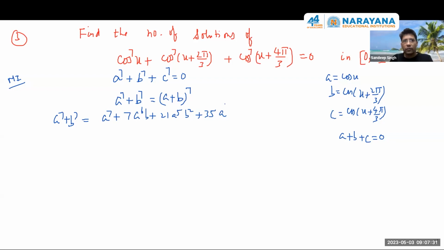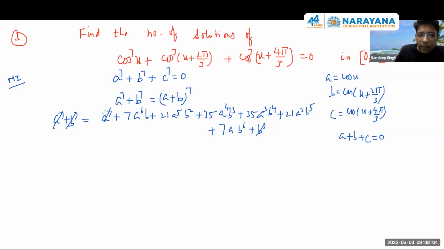Not 35, it will be 21 only. No, 35 I wrote correctly. 35 a power 4 b cube. Then again 35, a cube b power 4, plus 21 a square b power 5, plus 7 a b power 6, plus b power 7. Correct?